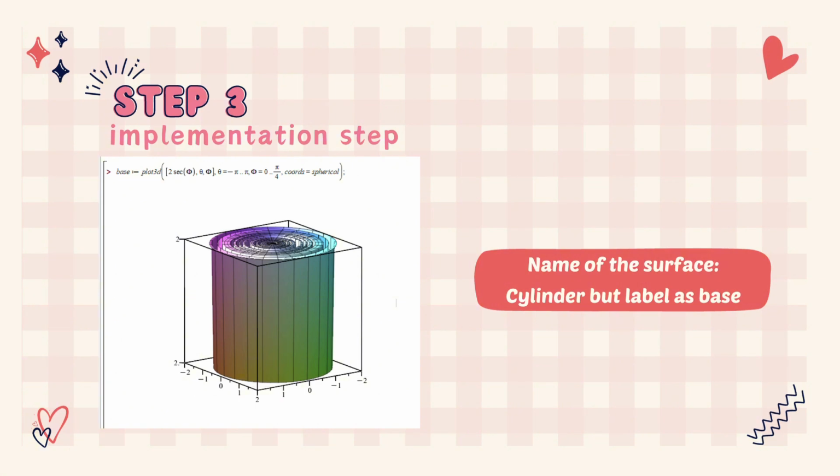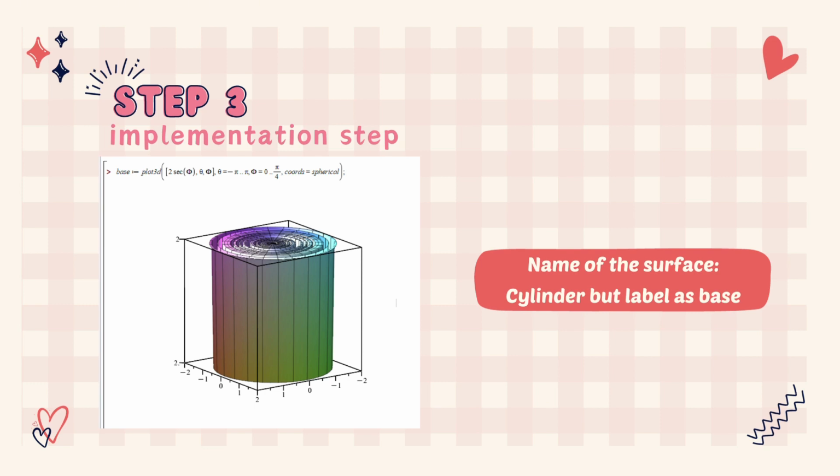We're moving on to the next step, which is the implementation step. I start with plot3d, open bracket, 2 secant, open bracket, phi, close bracket, theta, and phi, where theta equals -pi until pi, phi equals 0 until pi over 4, where coords equals spherical, close bracket.